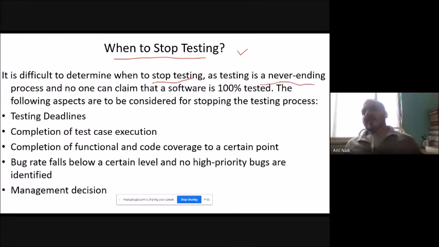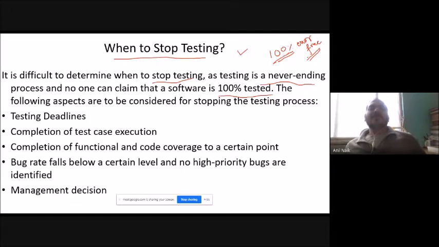No one can claim that a software is 100% tested. It is very difficult to cover all the tests, and there is no such software that we can say is 100% error free.